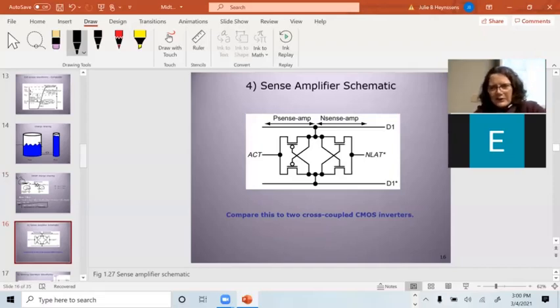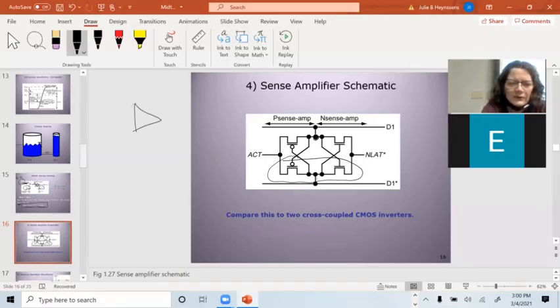A lot of the material from the exam, the real meat of this, is coming from the ideas that are making it onto the project, and a lot of that's in chapter 2. This is a sense amp, and this piece right here is an inverter, and this is the input of the inverter, and this is the output of that inverter.